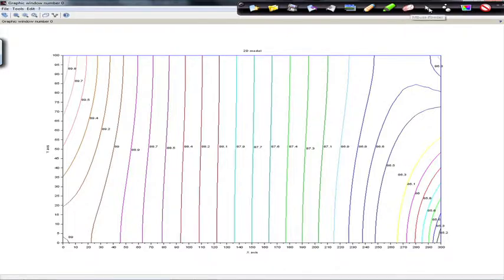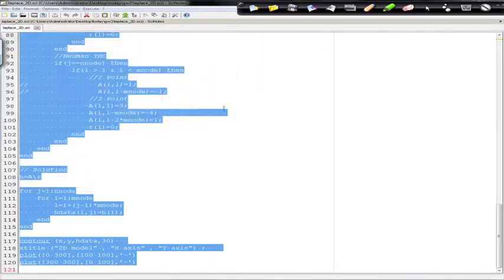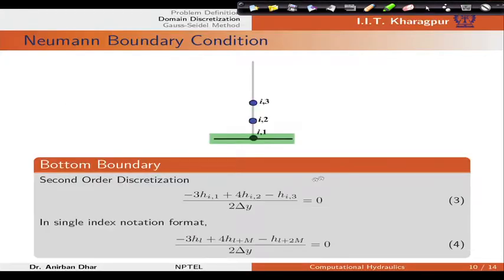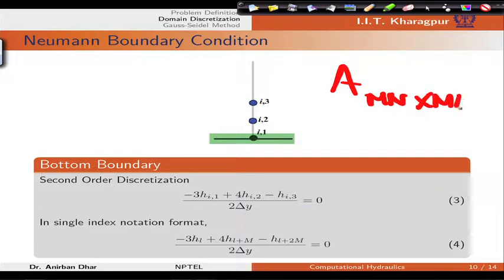Now we have utilized this full matrix concept or single index notation for the solution of our problem, but the problem is that we need to store the full matrix A which is A m n cross m n.